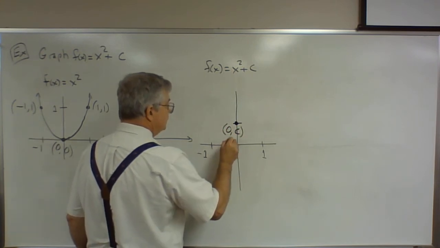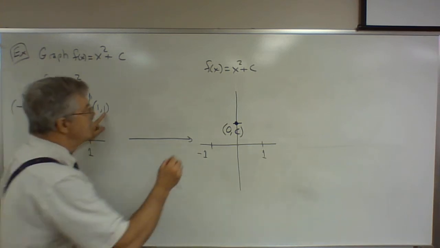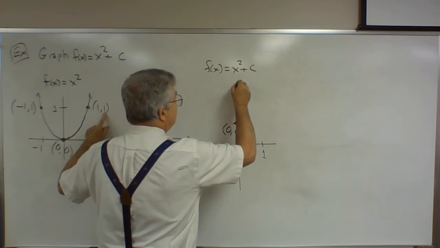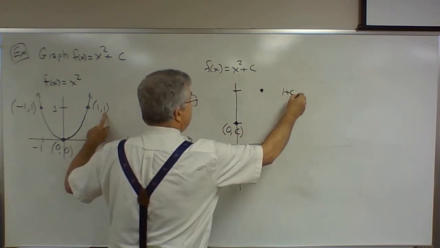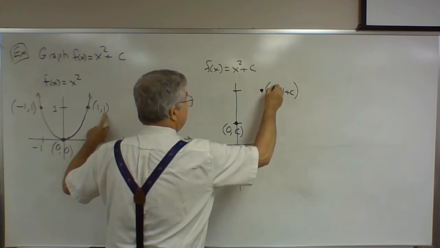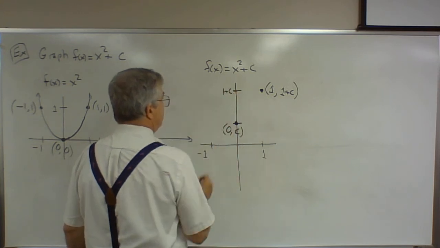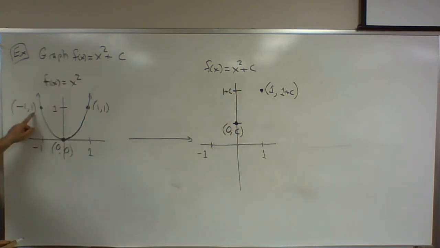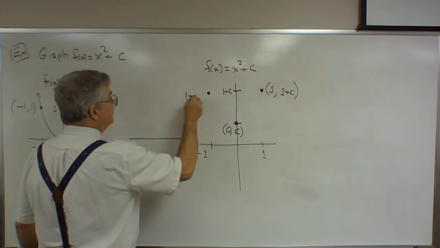The x-coordinate will stay the same, but the y-coordinate is c. If I add c to the y-coordinate of this point, then the y-coordinate is going to be 1 plus c. And if I add c to the y-coordinate of this point, the y-coordinate is going to be 1 plus c.